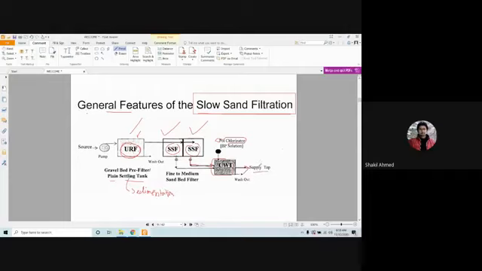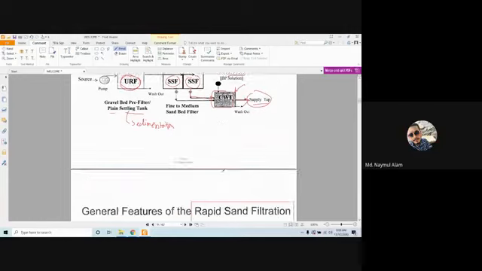Just before collecting the water, we apply the process of disinfection by applying chlorine or any other suitable media to kill the pathogens. Clear? Yes, sir.